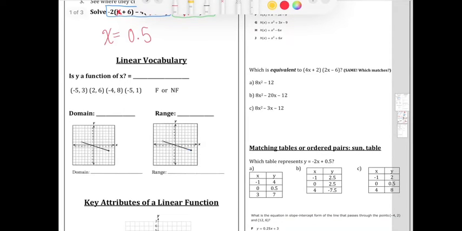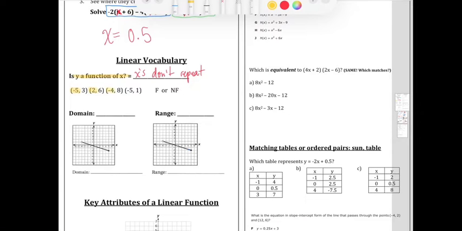The next thing we learned is a lot of vocabulary that's used with linear functions. The first vocab word that we had is the word functions. Functions mean that the x's don't repeat. So if you ever see the phrase y as a function of x, or the phrase is it a function, does it not represent a function, what we have to do is check our x's.